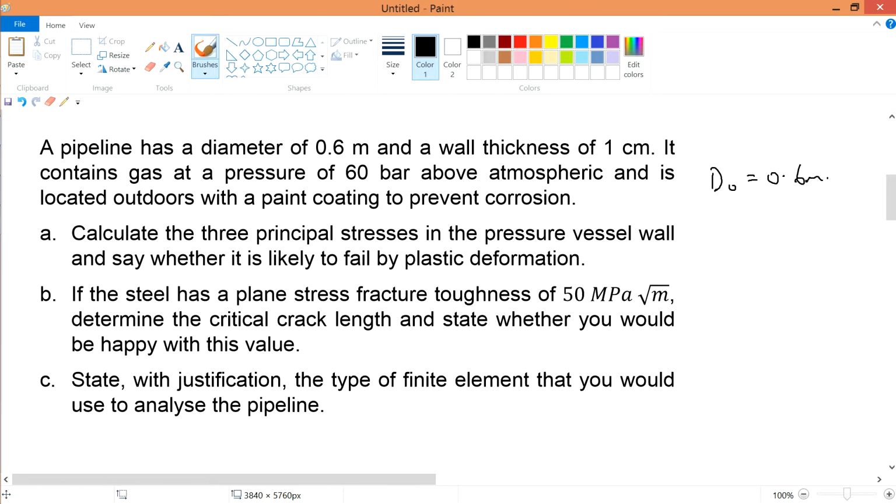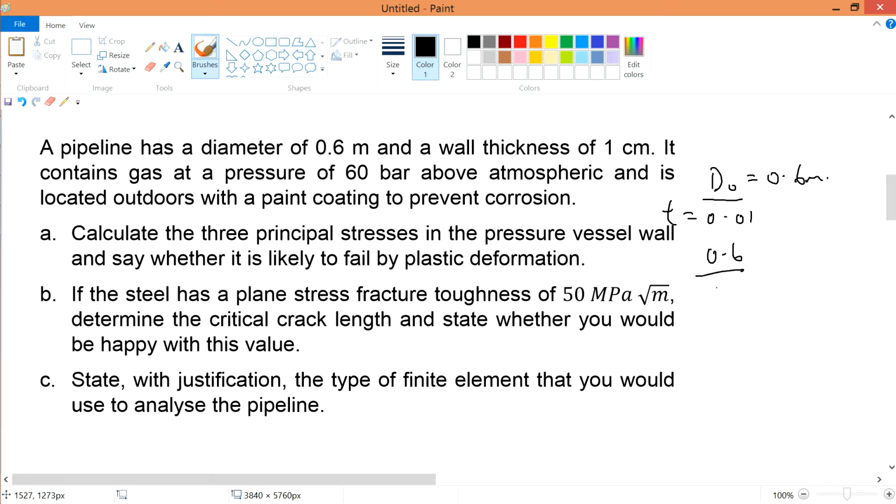We have a thickness of 1 cm. So 1 cm is 0.01 meter, since 1 cm divided by 100 is 0.01.